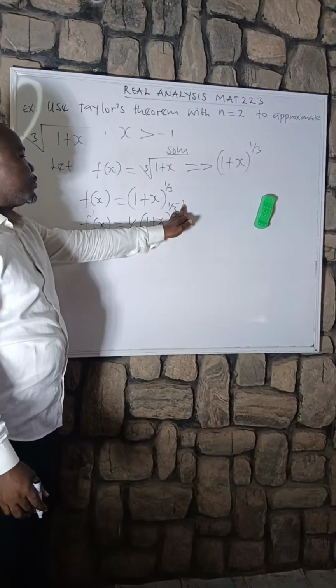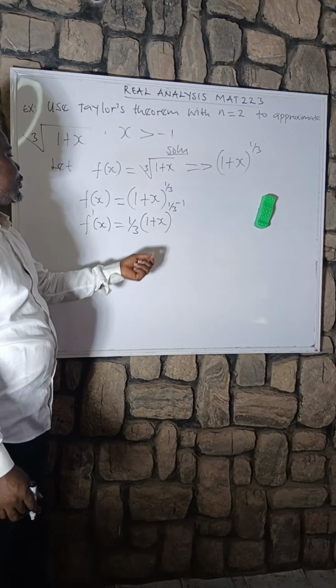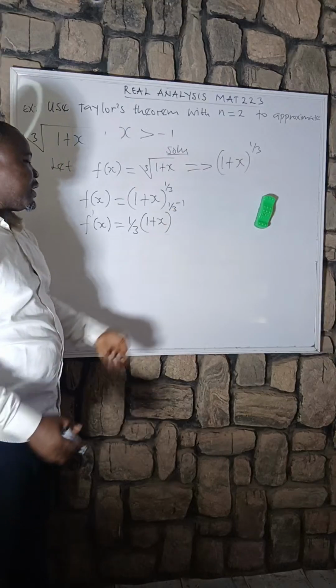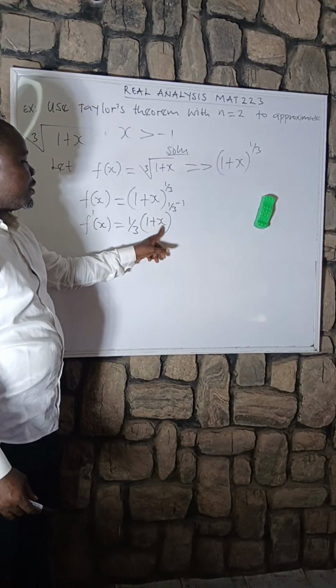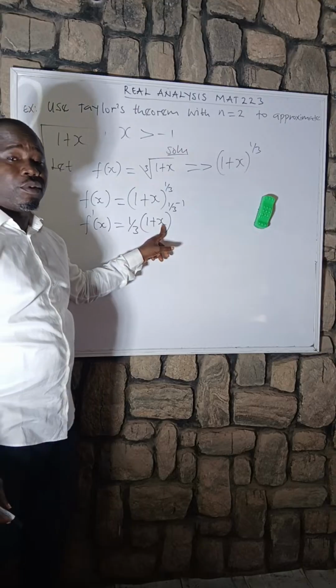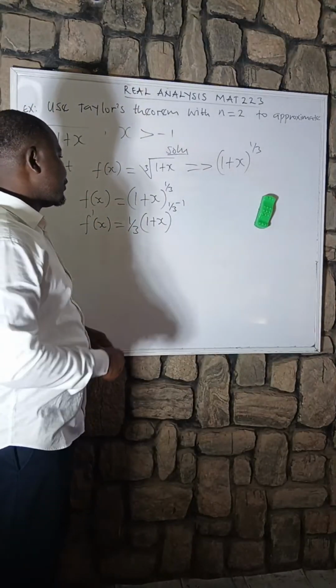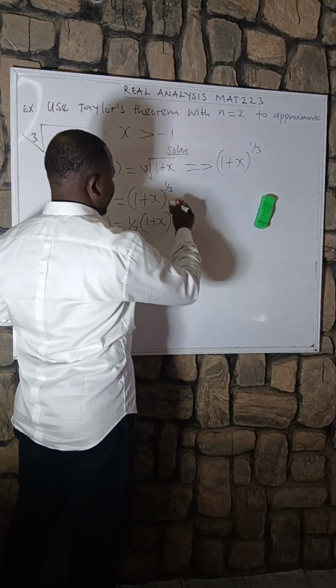So far so good. You now come back to differentiate what is inside the bracket, 1 plus x. If you differentiate 1 plus x, you are going to have 1. If you use 1 to multiply this, it's the same thing as this. So at the end of the day, this is what you are supposed to have.